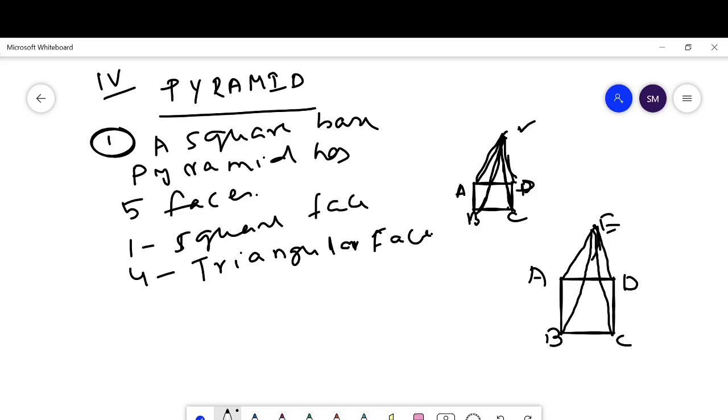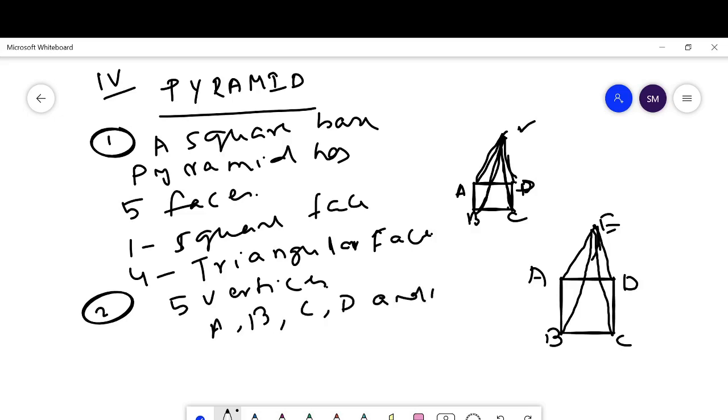Okay. Then 5 faces here. How many vertices? 5 vertices. Here the vertices are A, B, C, D and E. The faces: one square face is ABCD.